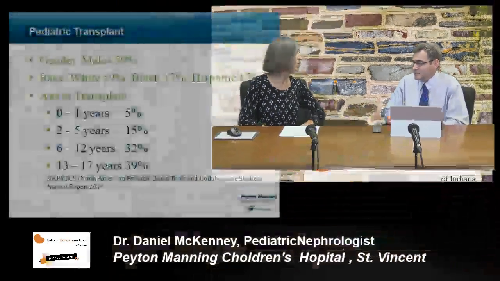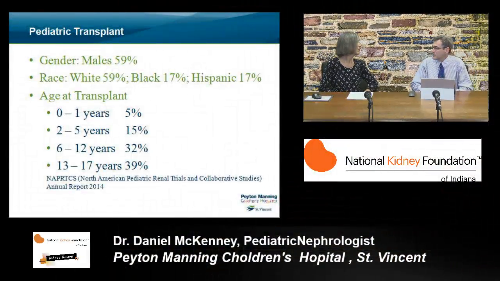So we learned very early on as we tried to do transplants in younger and younger children that right around the age of 2, or the size of about 25 pounds, smaller than that increases your risk for complications.